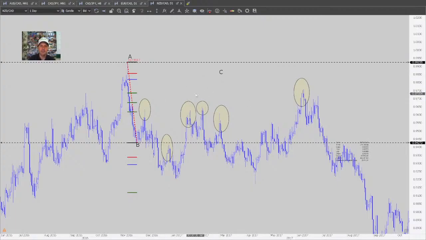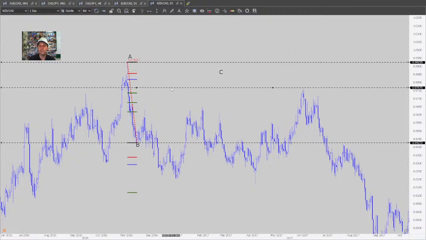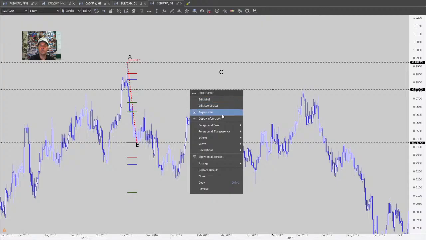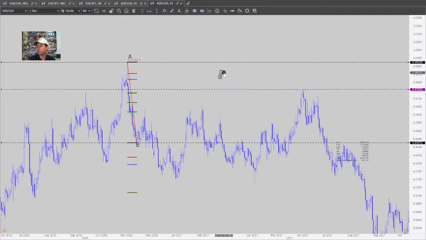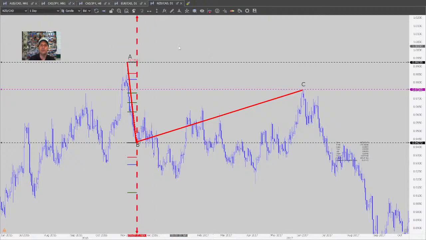Okay. 1, 2, 3. Olga says the sixth one is the C. Do we agree, everybody, that the C is the sixth one? So A, B, C. Alex, do you understand why this is the C? The C is the highest point inside the AB boundary after the B before the market hits the appropriate extension.